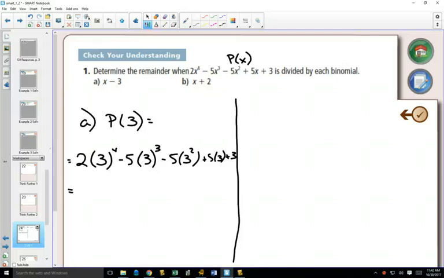And this is where the mental math starts. 3 to the 4, 81 times 2, 162. 3 cubed is 27. 27 times 5, 135. 9 times 5 minus 45 plus 15 plus 3. And now we have to figure out what this is going to be. I think it's 0.